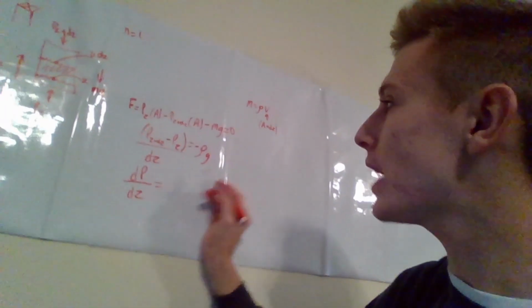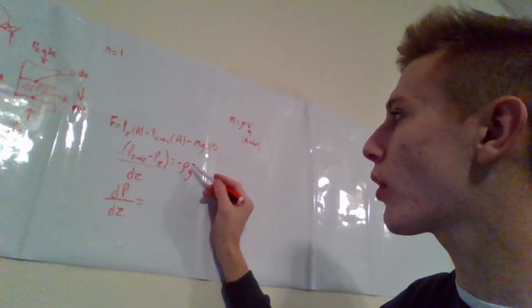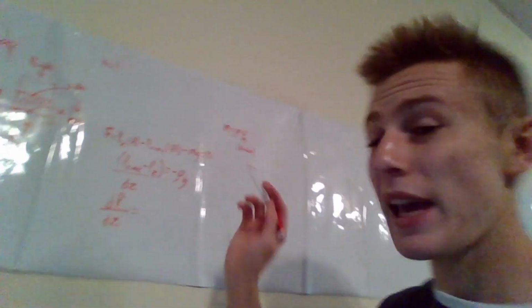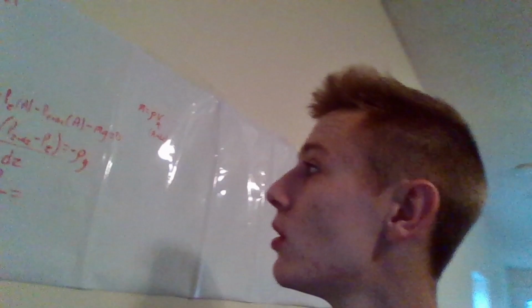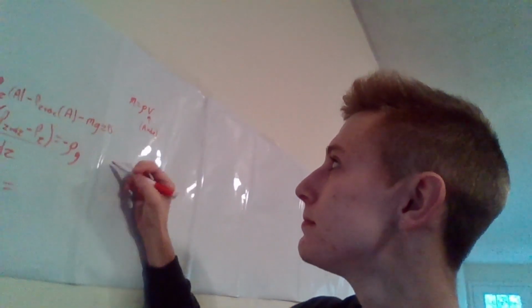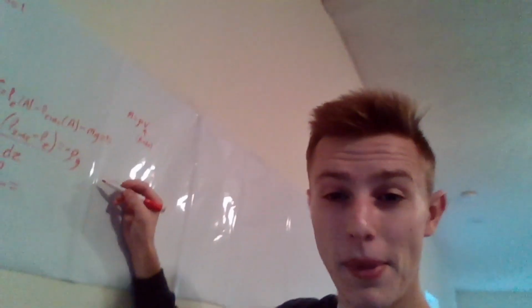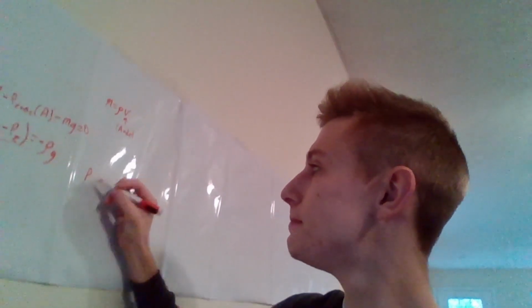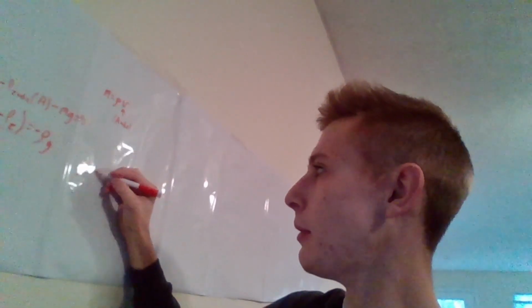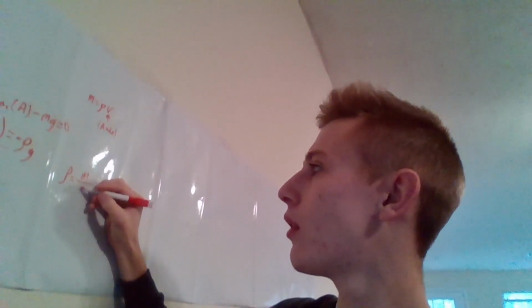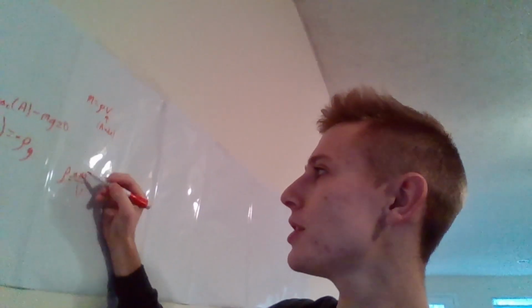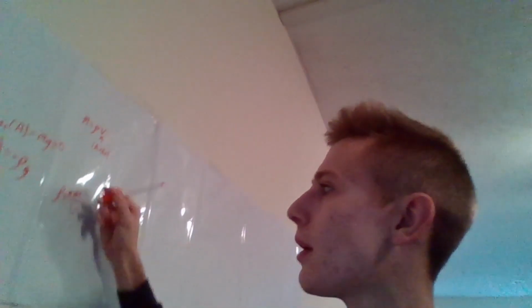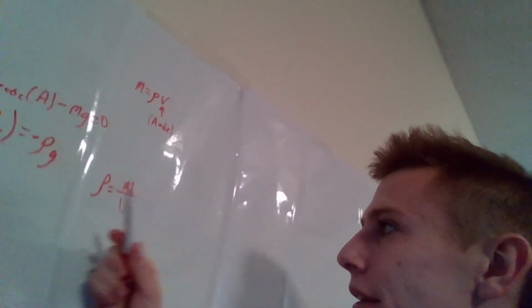And we can set this equal to, now we can start substituting our density here in terms of an ideal gas. So we know that density is equal to mass over volume. This is where our n would be brought in here, but since n is 1, like I said before, we're not going to write it in here. It would be right about here.